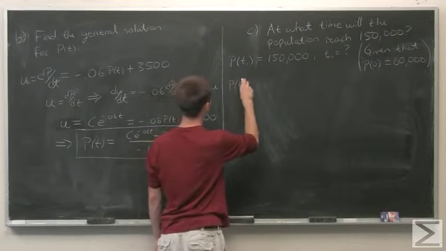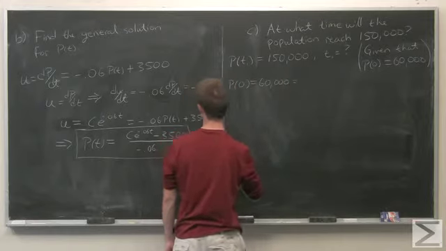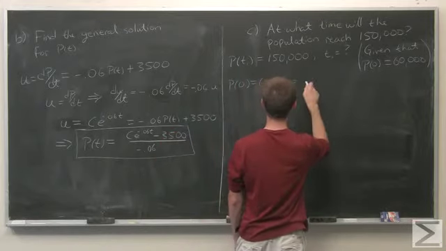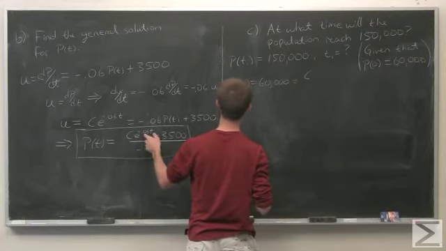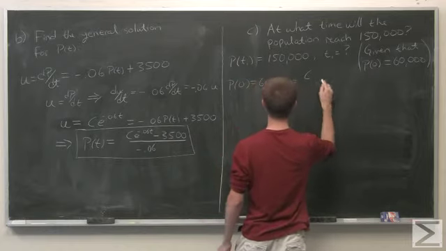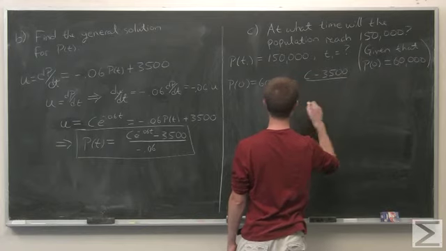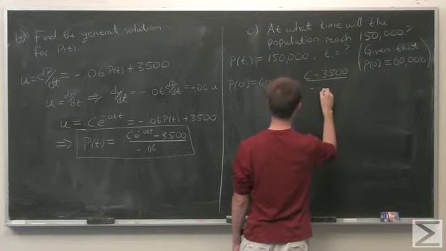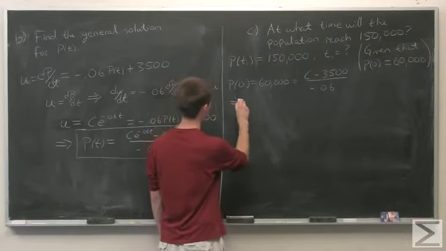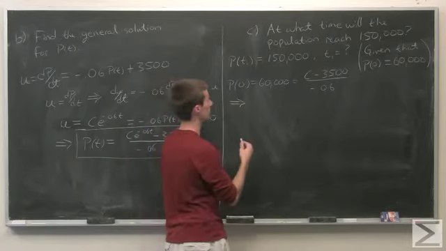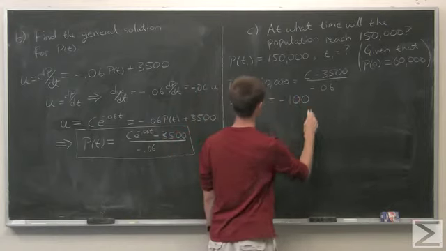So since P of 0 is equal to 60,000, which is also equal to C times e to the negative 0.06 times 0, which is just going to be 1, so C minus 3,500 over negative 0.06. Now, if you work all this out, you'll find that C is actually equal to minus 100.